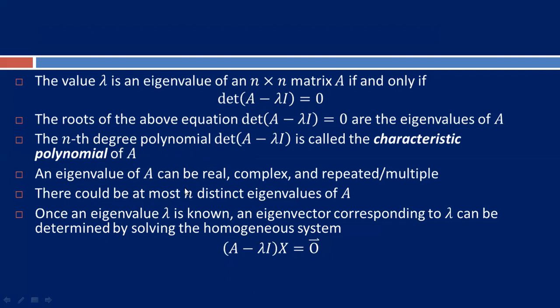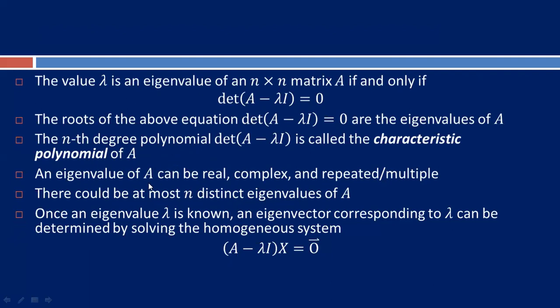The eigenvalues of A can be real, complex, and repeated or multiple. So an eigenvalue of A may be a real number, may be a complex number, or maybe multiple repeated, more than one real number.